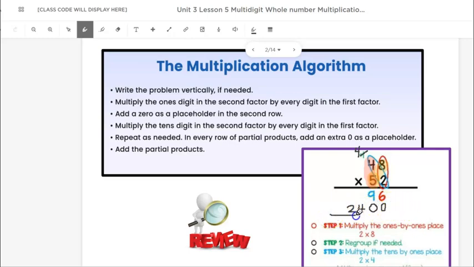Now we're going to add up the 2 products we wrote down, 96 and 2,400. And I'm just going to add them together. And it's small there, but it's 2,496 is our answer.